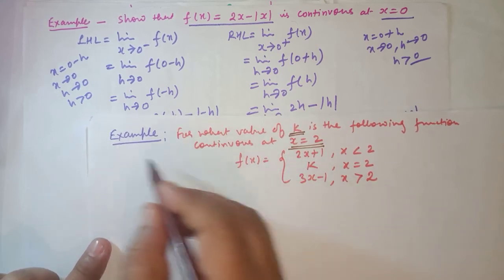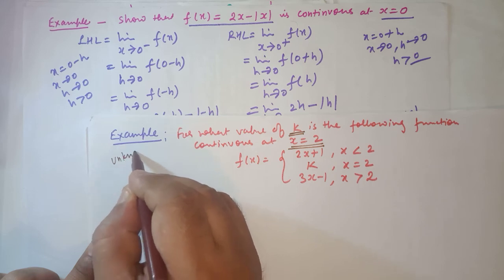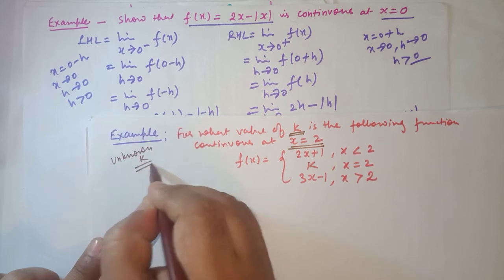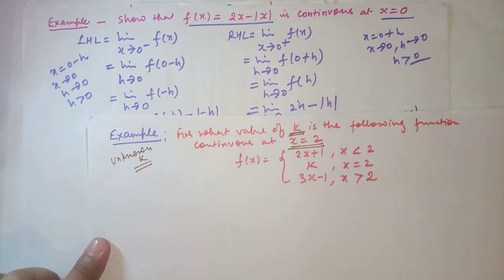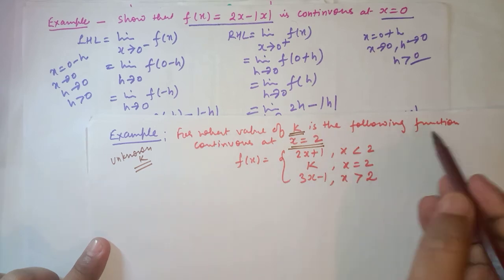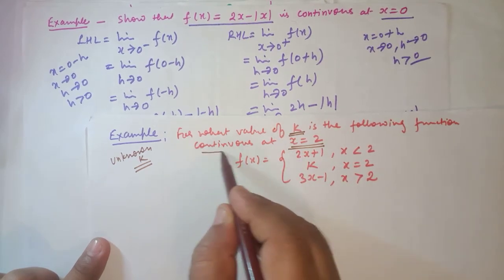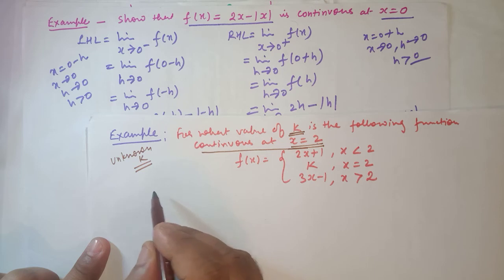So here we have to find this unknown k. Again this function is given to be continuous at x equal to 2.